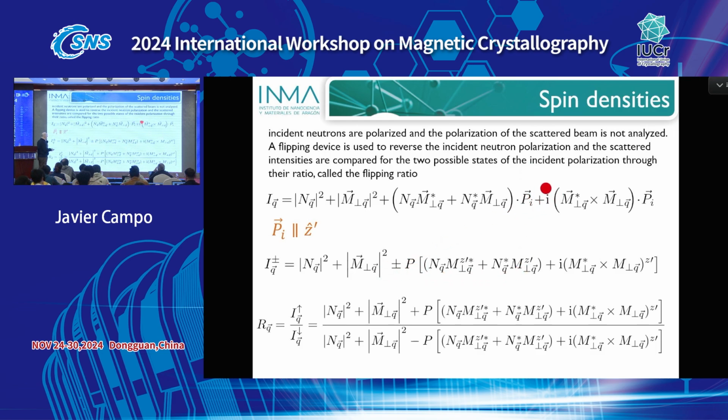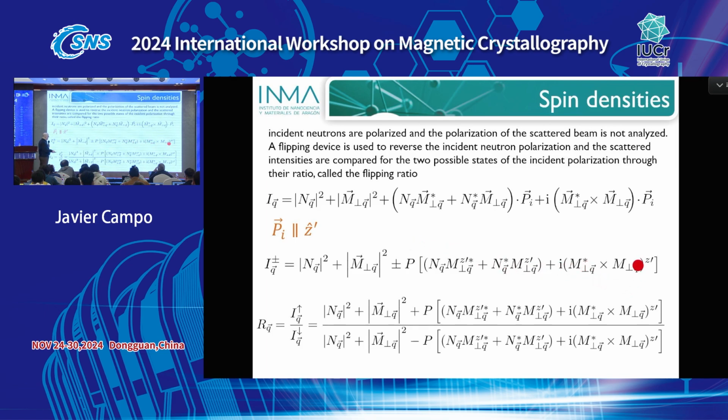But polarization is parallel to this direction, to the Z prime direction, parallel to the magnetic field and parallel to the magnetization, because we usually put a magnetic field to polarize our sample. Then I need to project this vector here to the Z prime direction.